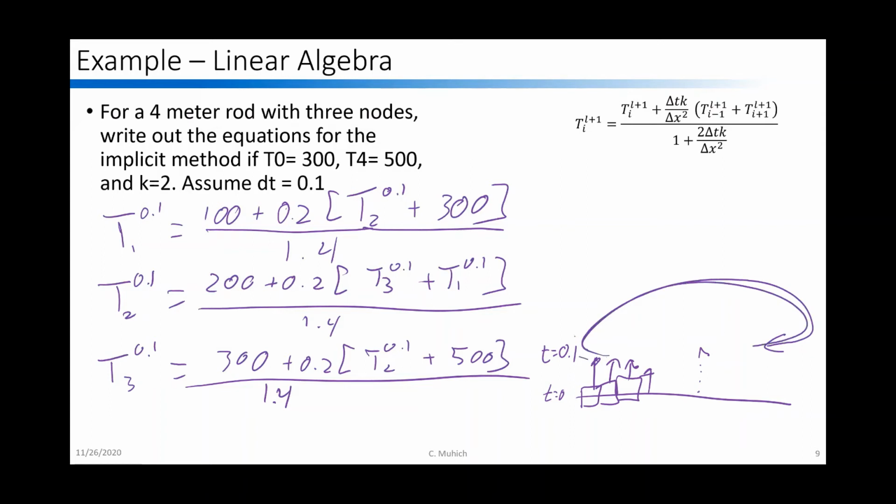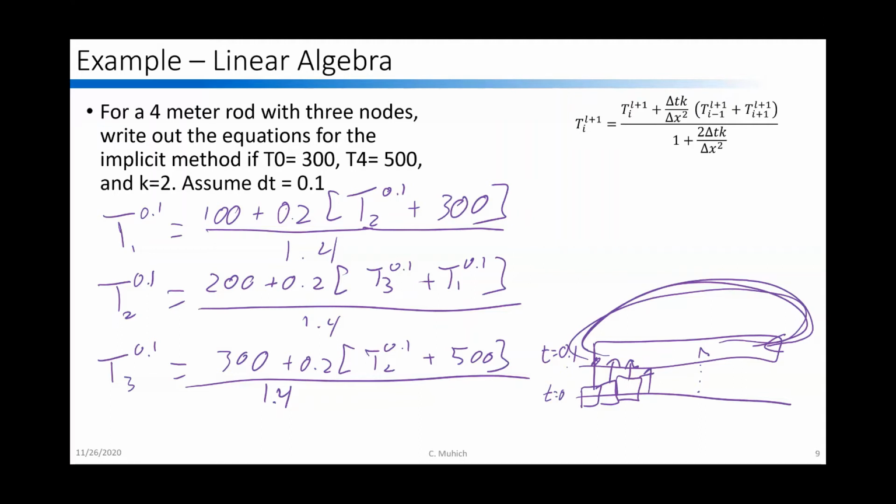So I need to loop through these different points, or I need to use something like a linear algebraic solution, which will do this all at the same time. Okay, good. So the implicit method should give us fewer errors, but is going to take an iterative approach.